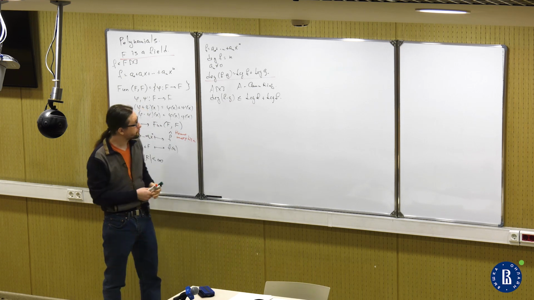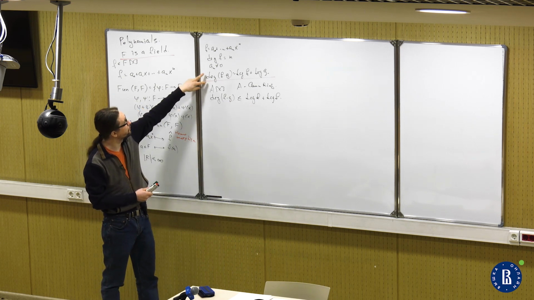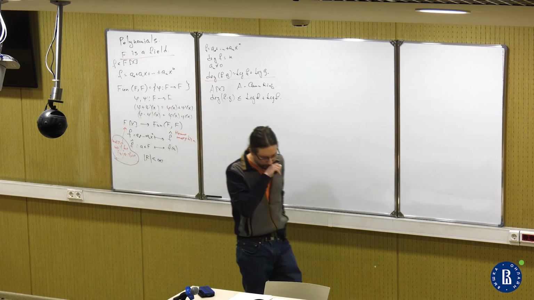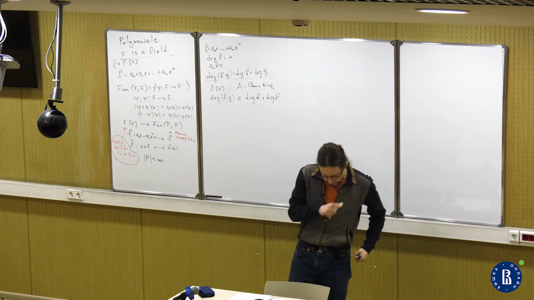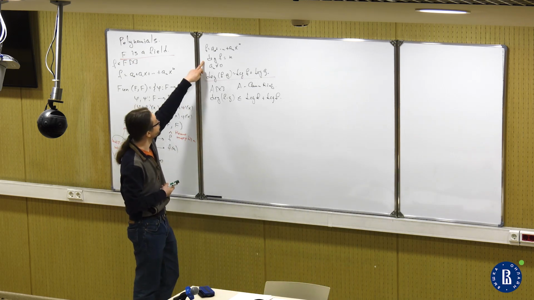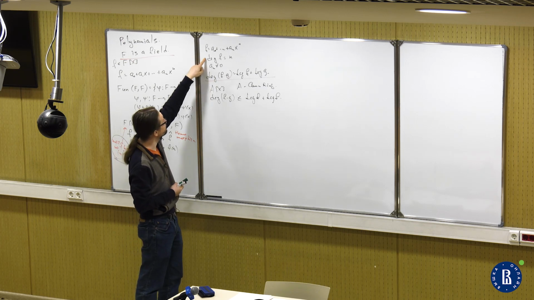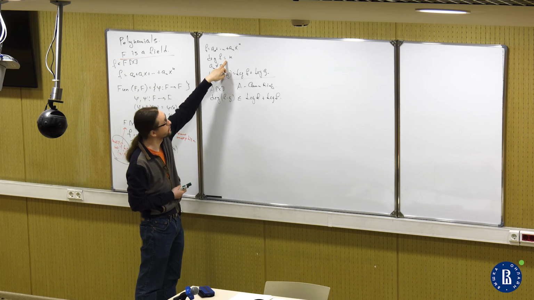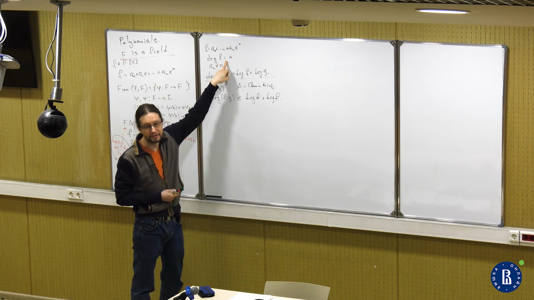So this is a special thing for rings without zero divisors. By the way, there is one thing I should say here. This is almost a definition, but there is one special case where this definition doesn't work: the case of a zero polynomial.